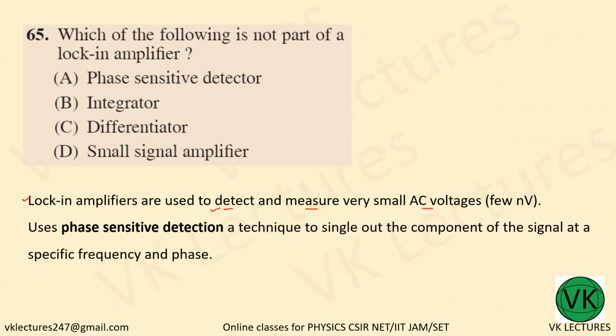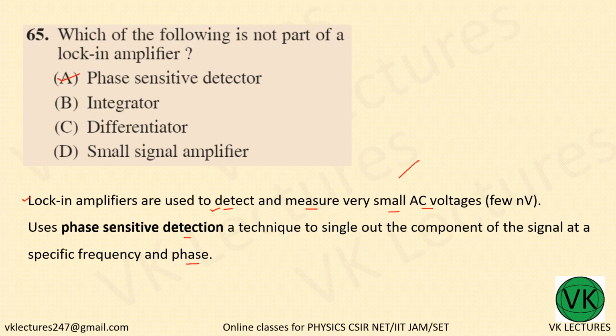So there is a phase sensitive detector. This is a technique to single out the component of signal at a specific frequency and phase. So there is a phase sensitive detector, and it is to detect very small AC signal.